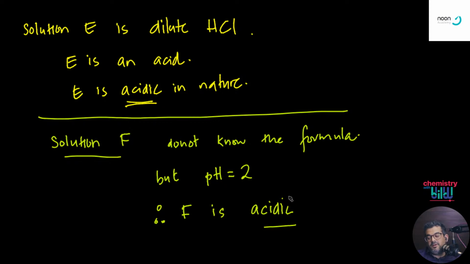Now, obviously, you might say, well, if it's acidic, then it should be an acid, right? I know you'll say that. And that's mostly always true. Not always, but mostly always true. Does that make sense?